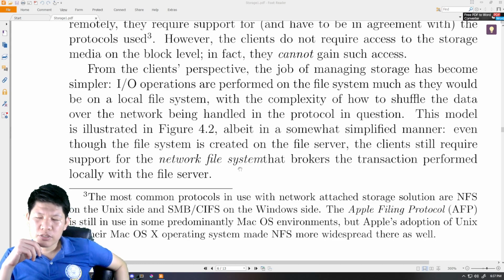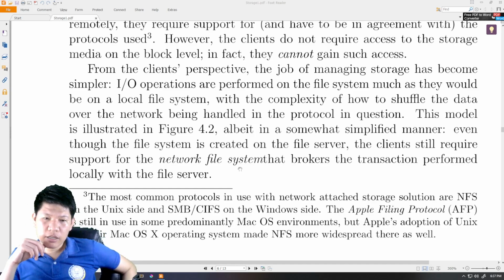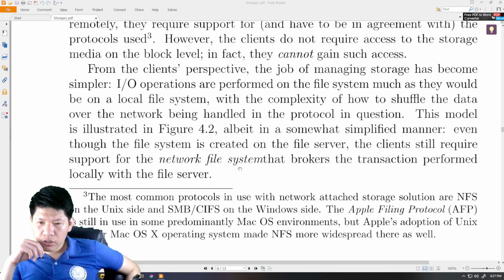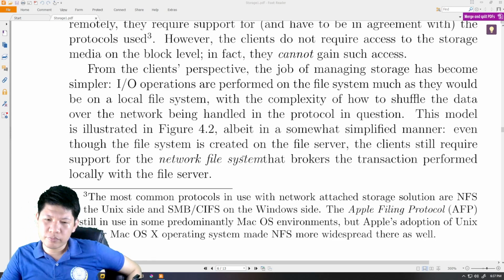Albeit in a somewhat specific manner, even though the file system is created only for the file server, the client is still required to support the network file system that brokers the transaction performed locally using a file server.